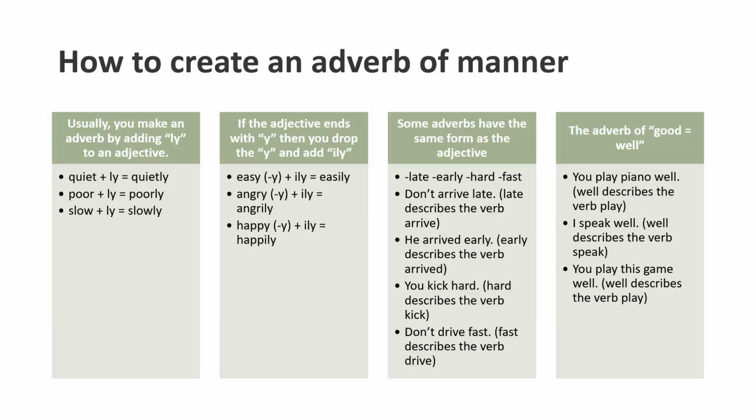These adverbs are irregular. For example, "Don't arrive late." In this case, "late" describes the verb "arrive." "He arrived early." "You kick hard" and "Don't drive fast." So remember, late, early, hard, and fast don't change.